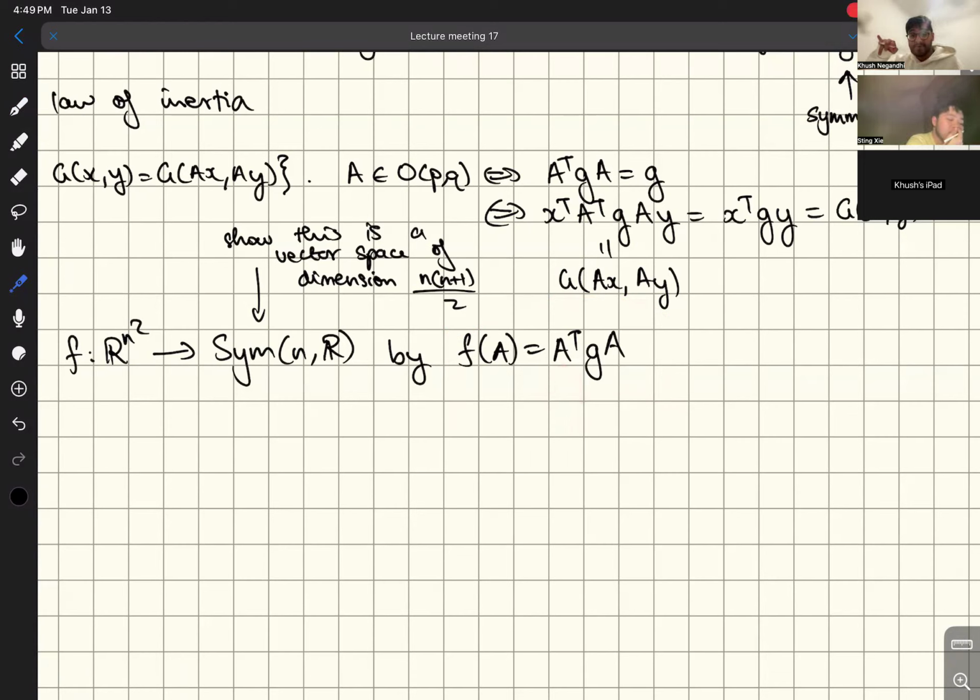By matrix multiplication, everything is just a product and sum of the components of A and G. But G is constant, so let's forget G. A is the thing that changes, so it's a polynomial in the entries of A. And since it's a polynomial, it's smooth, because we know polynomials are smooth. Are there any questions on why F is smooth?